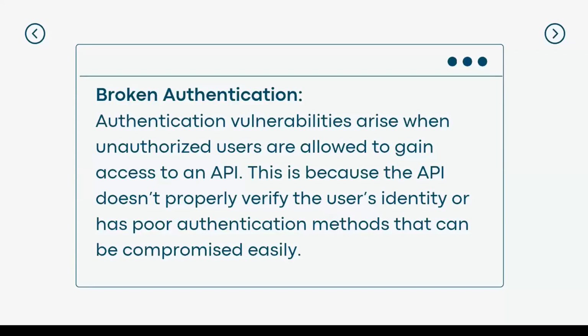So broken authentication is just when unauthorized users are able to gain access to an API. They can either get an authenticated user's password by stealing that password, or the API itself doesn't have a proper authentication mechanism that has been put in place to protect against unauthorized access.